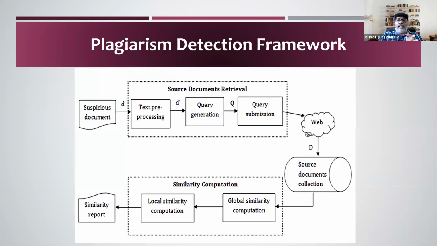A similarity report will tell the researchers about the different links, how much plagiarism has been caught by the software, and how much the software considers AI-generated content. These days, very strong softwares are available.